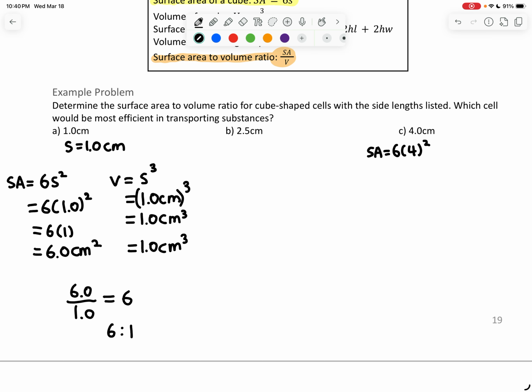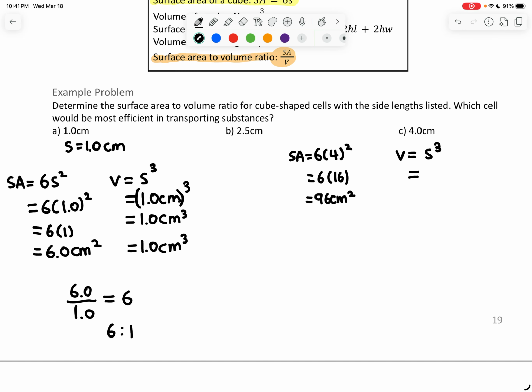So we're gonna see that 4 squared is 4 times 4, so 16. 16 times 6 is 96 centimeters squared.